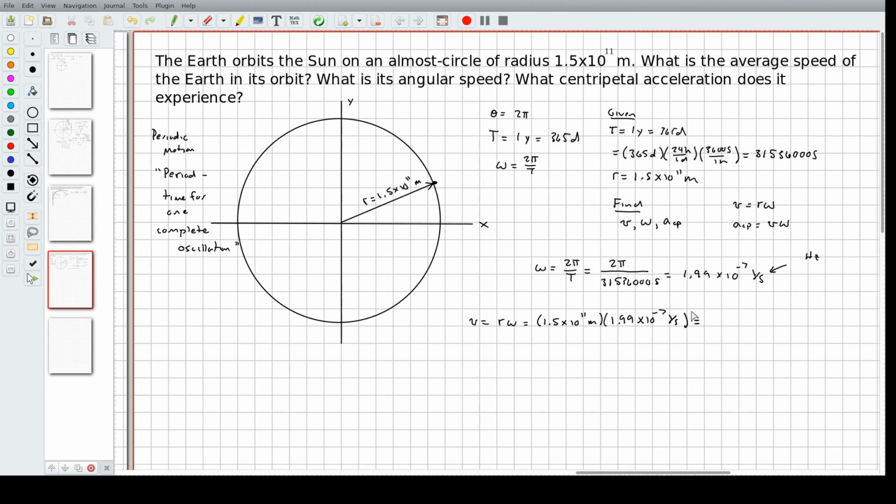It's technically the unit for that. If you do this, you get, let me do my calculation here.